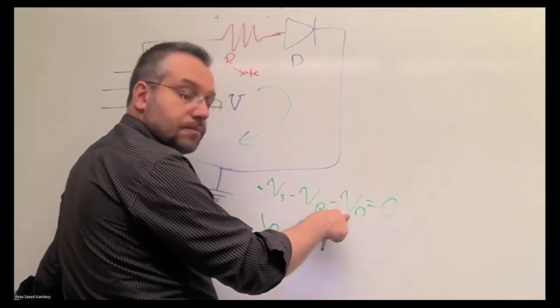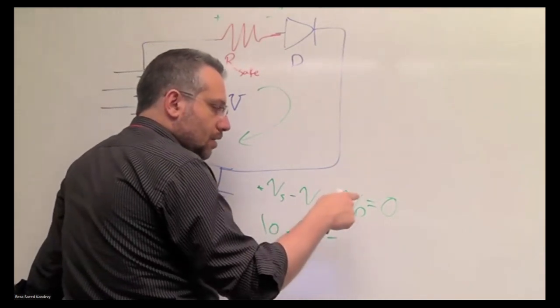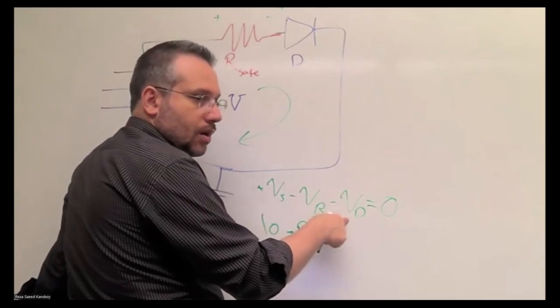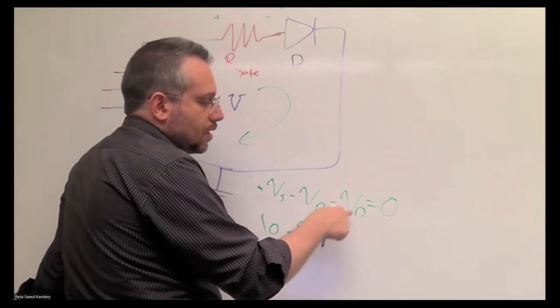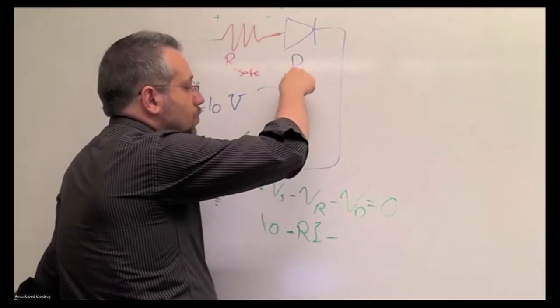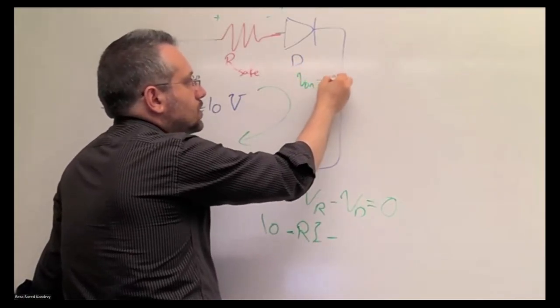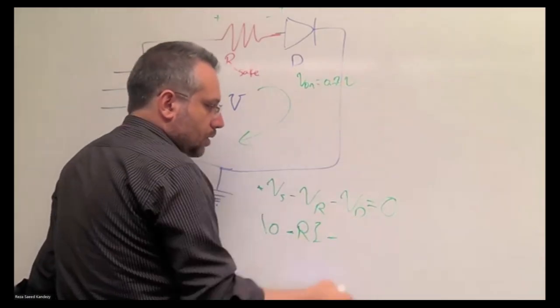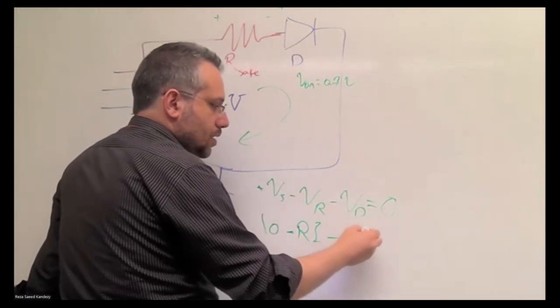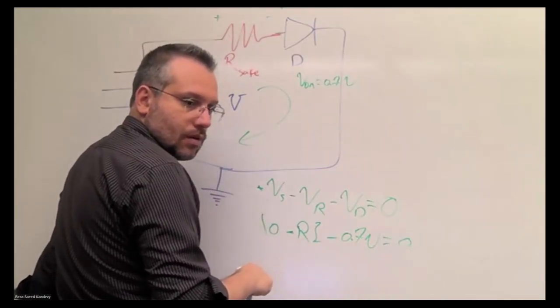What is Vd? We said we use a constant voltage drop for modeling the diode. This specific diode that we used is a silicon-based diode, so V on is 0.7 volt. We are going to implement that. So it's going to be 0.7 volt and all equal to 0. Correct?